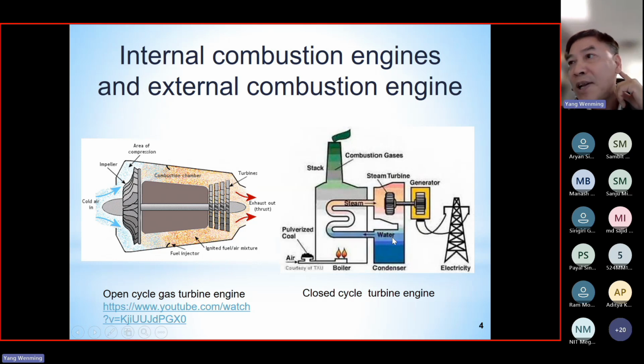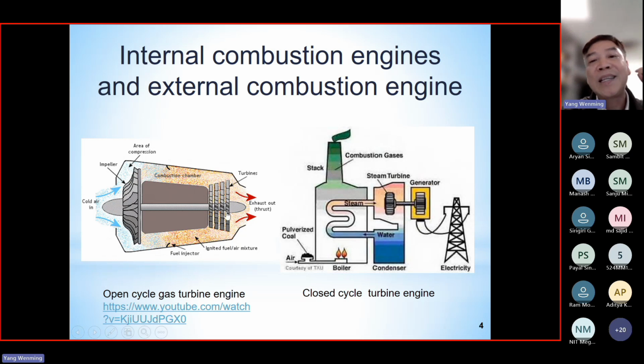The steam is not discharged from the power plant, correct? It is recycled. That's why we call this operating cycle a closed cycle, as in closed cycle turbine engines. This one is commonly used for the power plant.